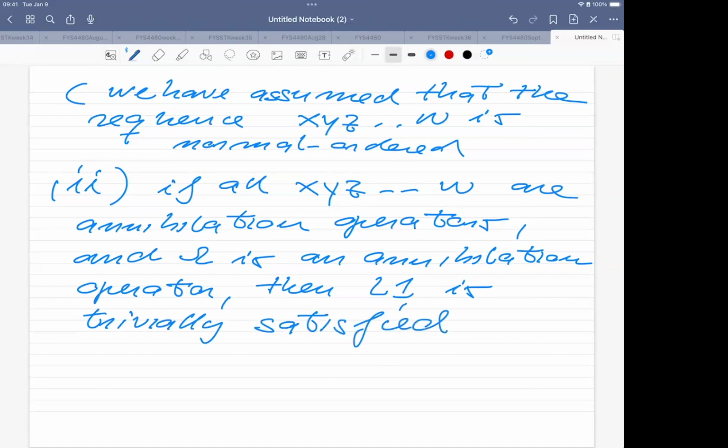Okay. So that's the second step. You can see that immediately because if it's an annihilation operator and all the other ones are annihilation operators. So the only thing we actually need to be a little bit careful with now is whether this omega is a creation operator.